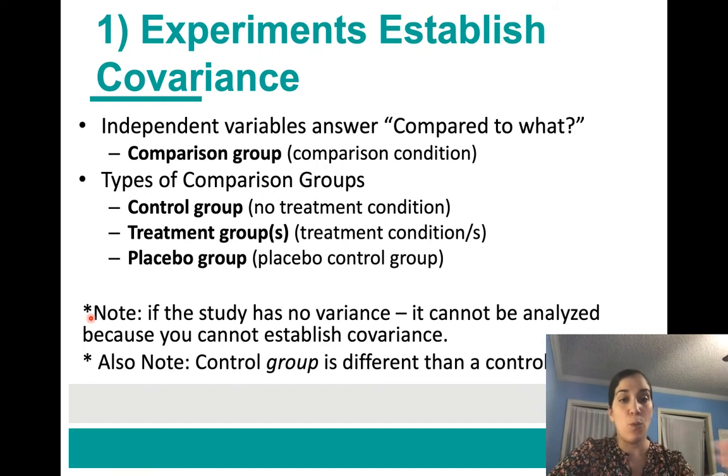Covariance being that we know that the dependent variable, the thing that you're measuring, the outcome, let's say how much pasta you ate, varies depending on your levels of your independent variable or your comparison groups. Medium bowl, large bowl.